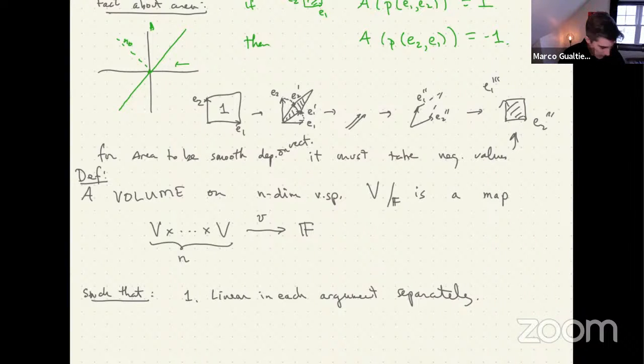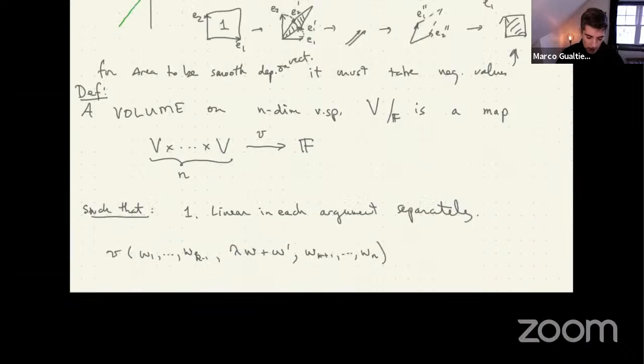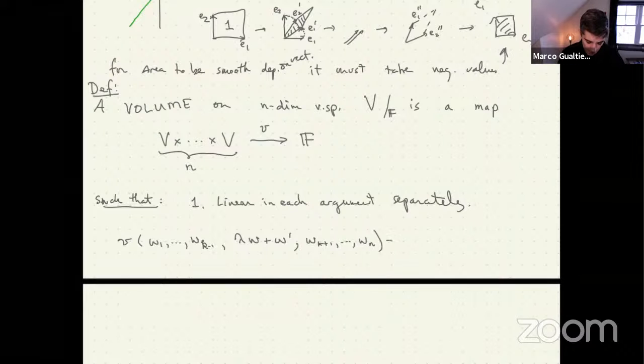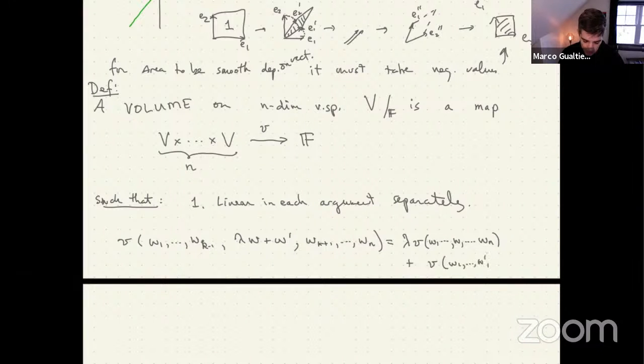So if I write it out, it means that if I have v of w1 up to w_{k-1}, and then for the kth entry we have, let's say, lambda w plus w prime, and then w_{k+1} all the way to w_n, so if I just take the kth entry and put in a linear combination in there, then this should be lambda times the volume of w1 with w in the kth entry, plus the volume that we get by putting w prime in the kth entry.